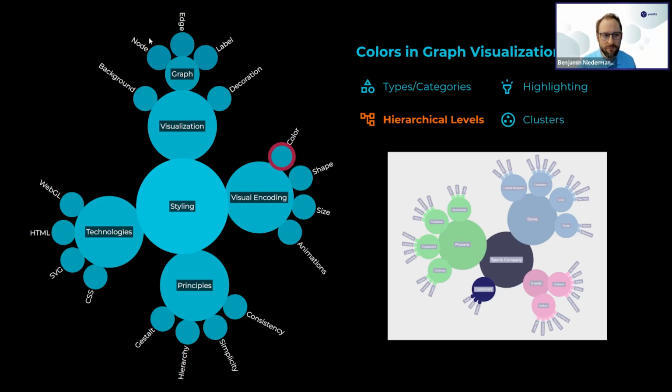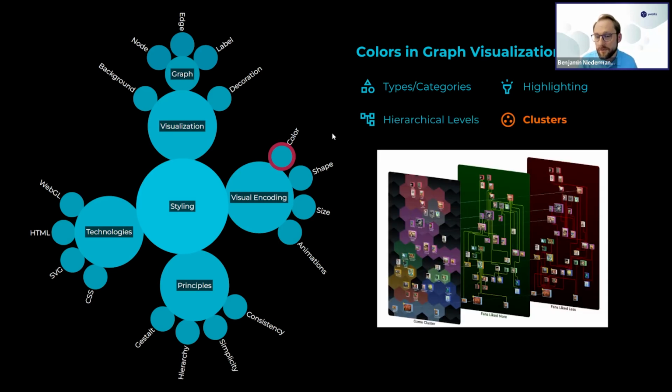I also have used this layout on the left-hand side, but here I have used a different coloring strategy for the hierarchic levels. So what I've done here is I used the bright color for the center node and the less bright colors for the leaf nodes. And what happens now is that you tend to look more at the center of the graph visualization.